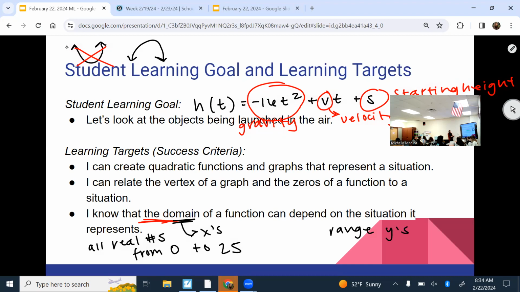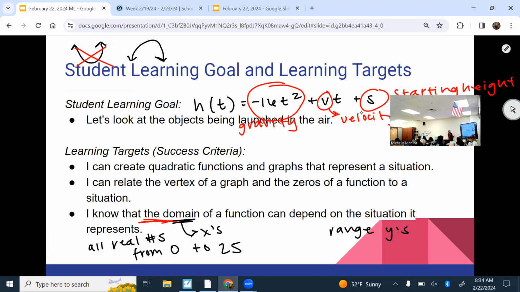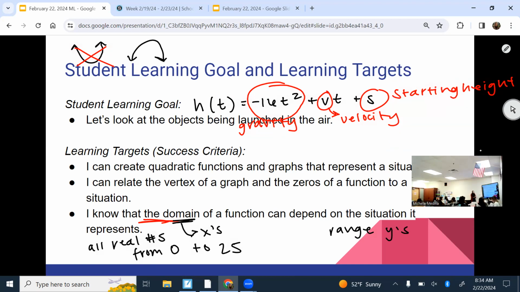Okay, so then the practice for today is the lesson 6 puzzle piece, but I'll leave this on the screen in case anyone needs to look at it as their practice. The goal is 80% or higher. My 4th hour, I have to make them, when they meet the goal, show me on their screen before they start doing free time. I hope that I don't have to do that in here. I hope that I can trust you to get it done.